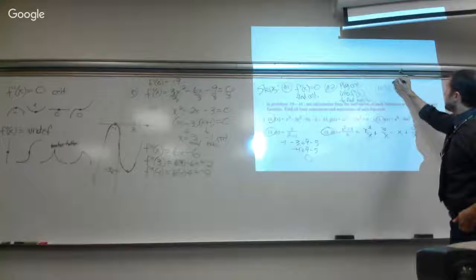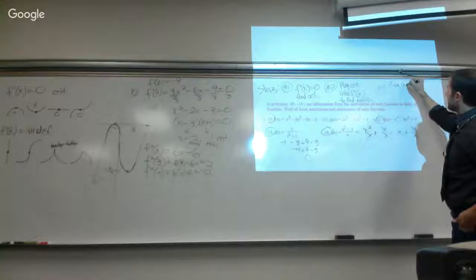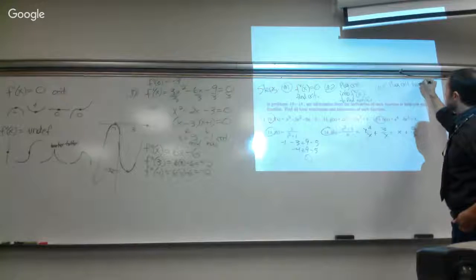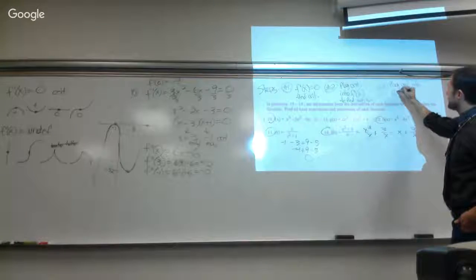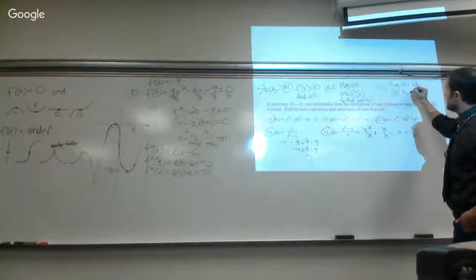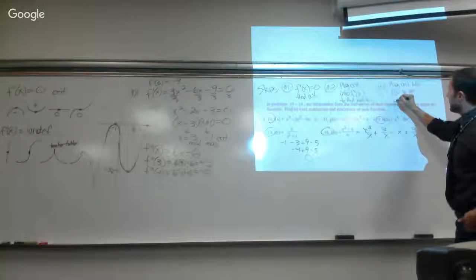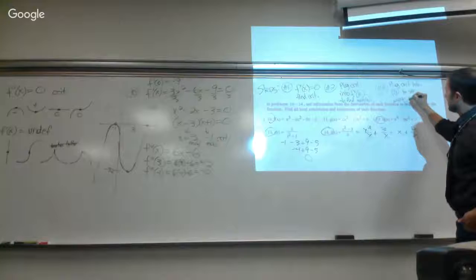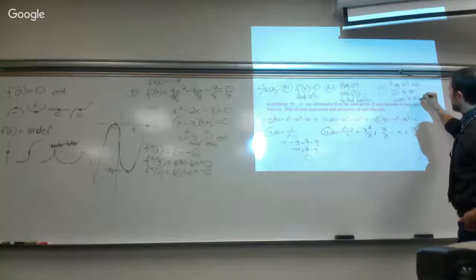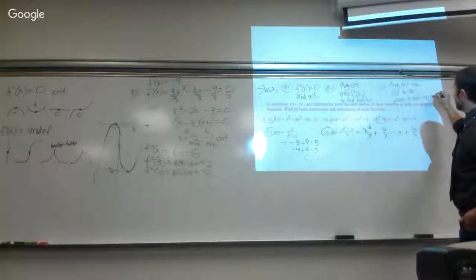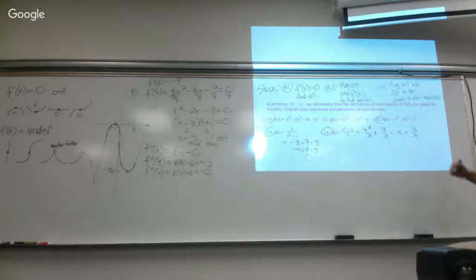So plug crit into f of x to see where to plot the max and the min. Isn't that funny? It seems kind of out of order. First you deal with the first derivative, then you deal with the second derivative, then you go back to the original function.